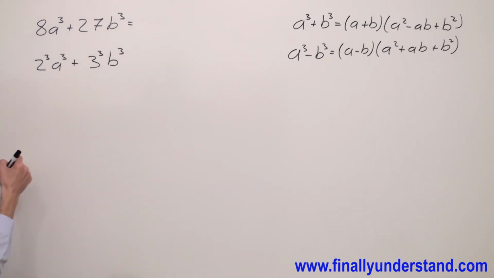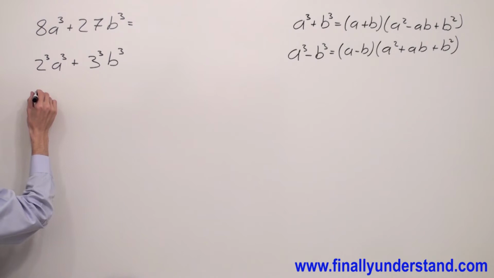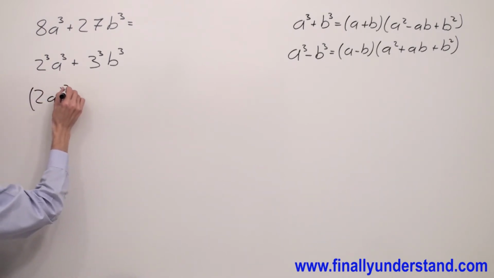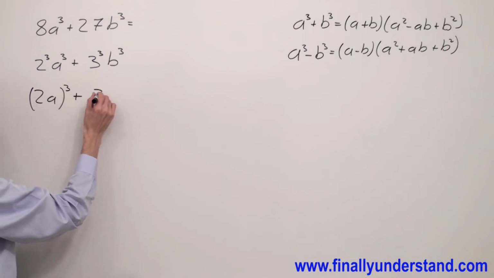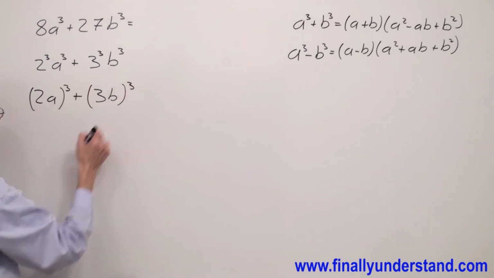Next, I'm supposed to use the properties of exponents and simply rewrite this problem as 2a to the third power plus 3b to the third power.